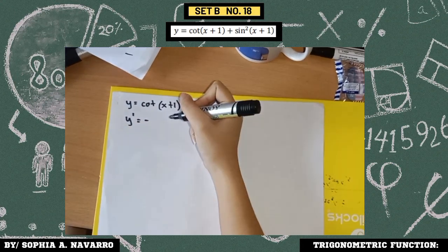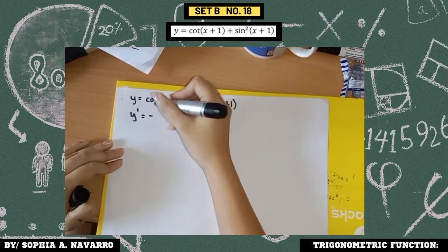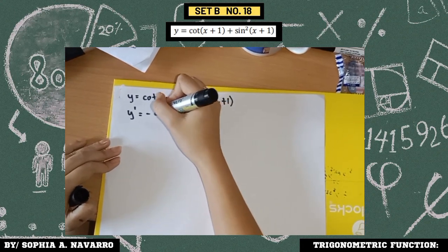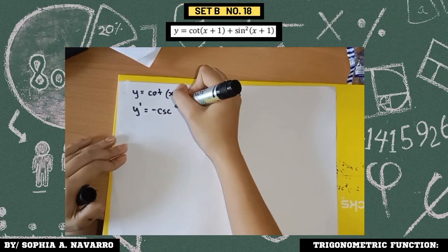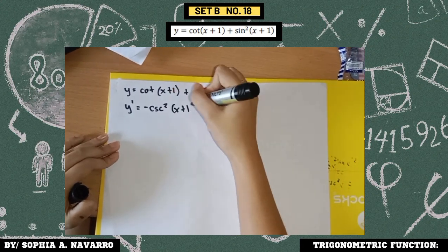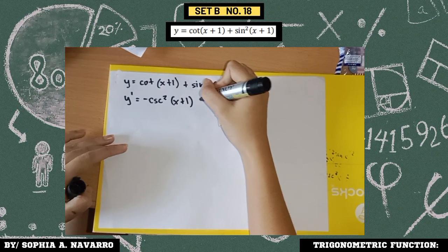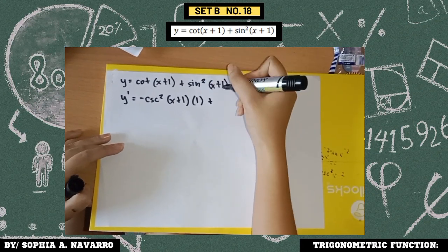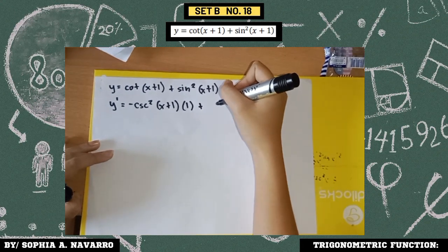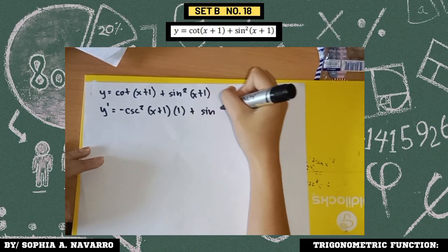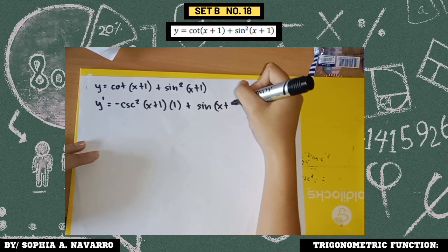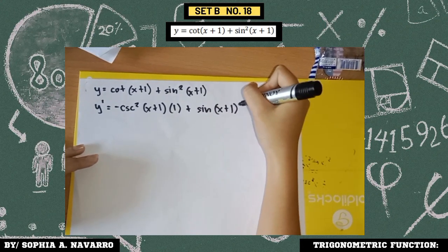first, let's get the derivative of this side, which is the cosecant squared of x plus 1 times 1, plus this one, which is just sine of x plus 1 squared.